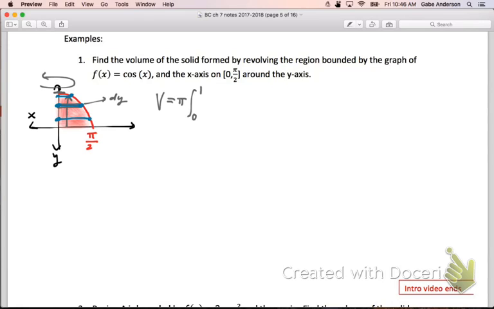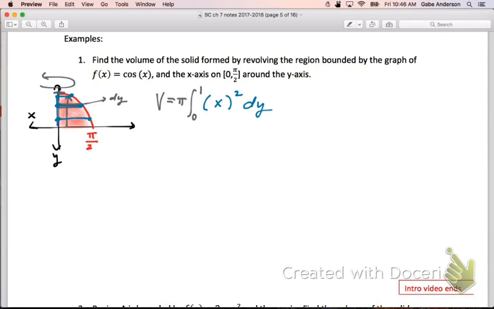Here's where I'm going to build this up just a little bit, and we won't have to do this every time, but as we know, from the y-axis out to the right, that is an x distance. And so what I would do here is I would say that my radius is x and my thickness is dy. So pi r squared dy right there.